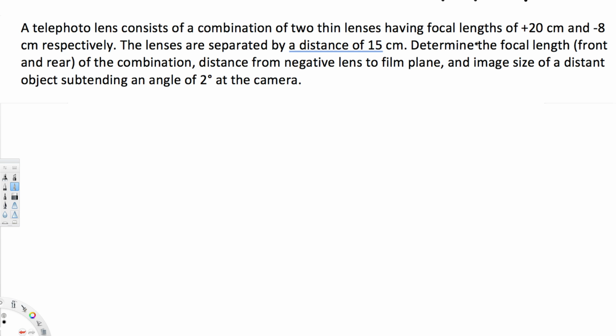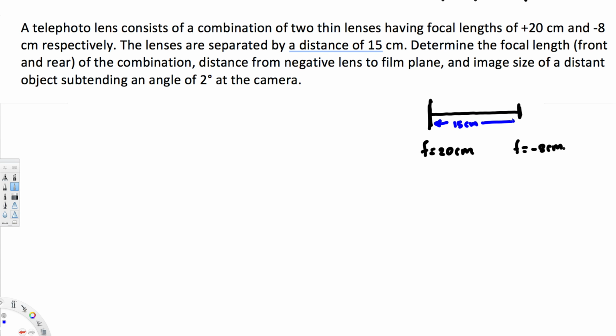Now let's note down the given information. So here we have two thin lenses. Let's say this is f equal to plus 20 centimeter, and we have another lens whose focal length is equal to negative 8 centimeter, and the lenses are separated by 15 centimeter. So the distance between these two is 15 centimeter.